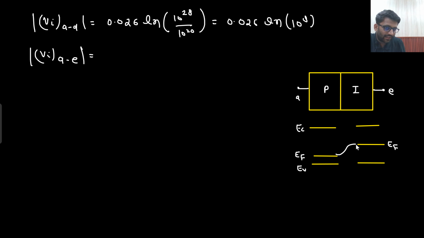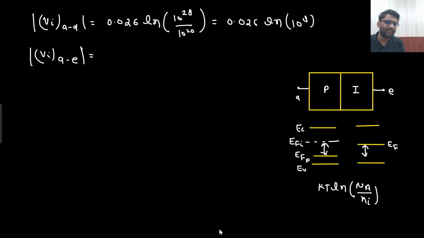These two will be flat. That means this guy needs to travel this much of distance. What is this much of distance? Sir, this distance is nothing but the distance between EFI and EFP. So what will be the answer? Sir, that would be KT ln NA divided by Ni. Say yes or no.